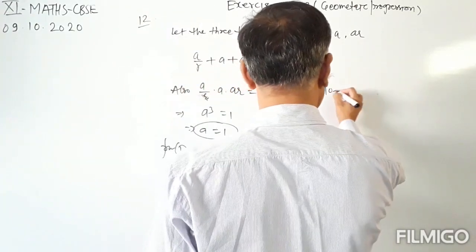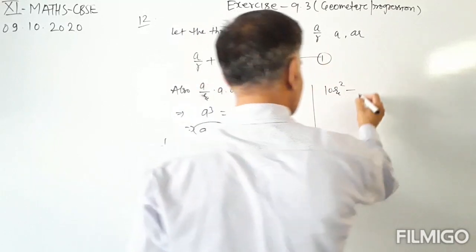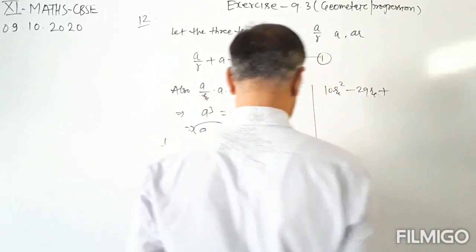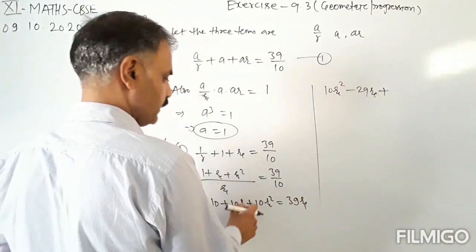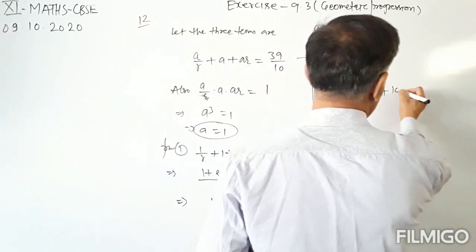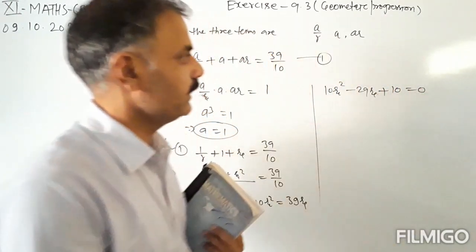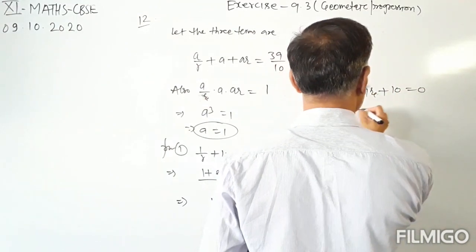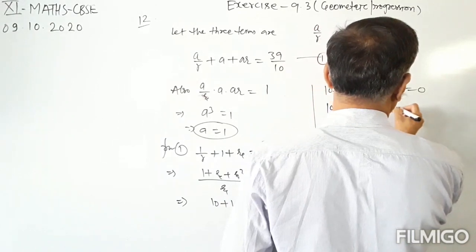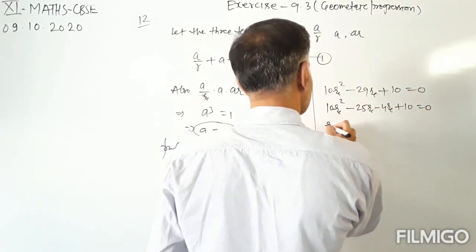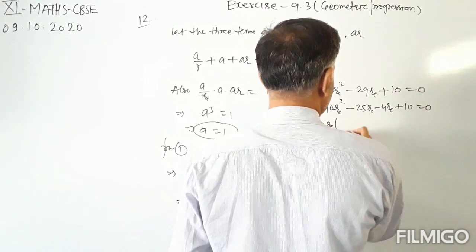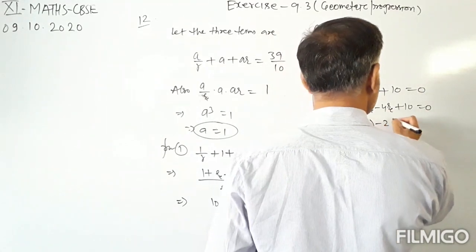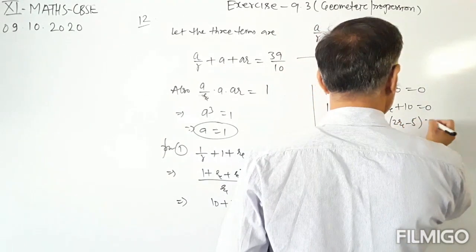So 10r square minus 29r plus 10 equals 0. Splitting the middle term: 10r square minus 25r minus 4r plus 10 equals 0. Taking 5r common, 2r minus 5, and taking 2 common, 2r minus 5, equals 0.